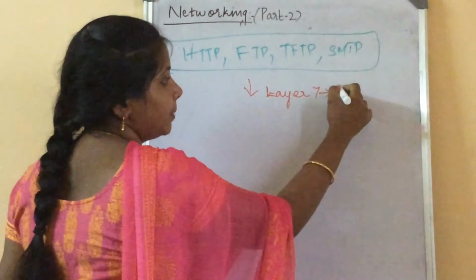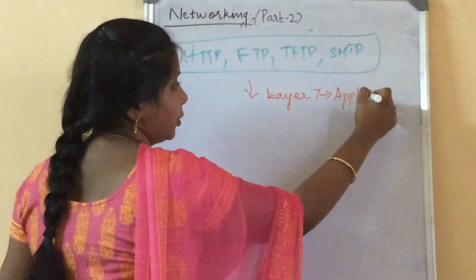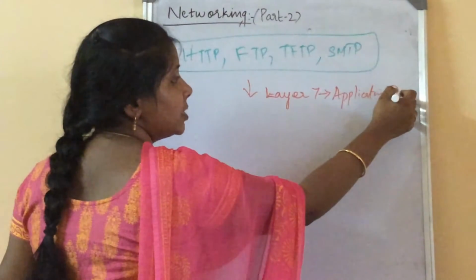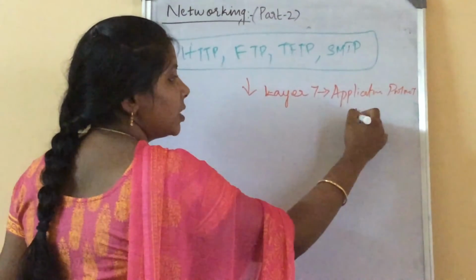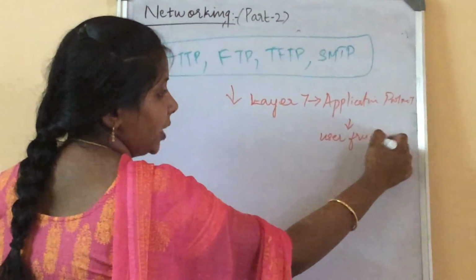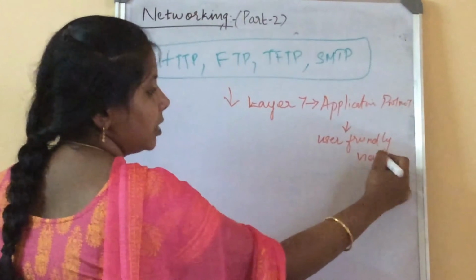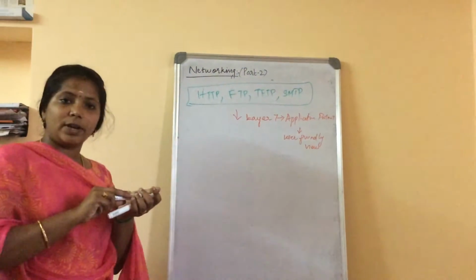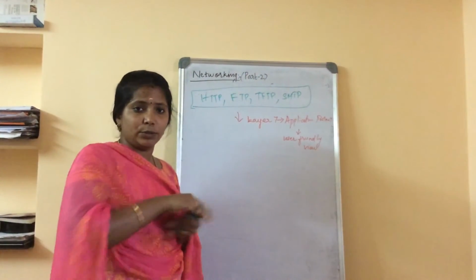Layer 7 is nothing but the application layer. The application layer is a user-friendly view, where we can see our application software and all. That is the user-friendly view.